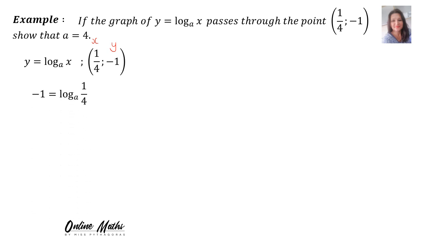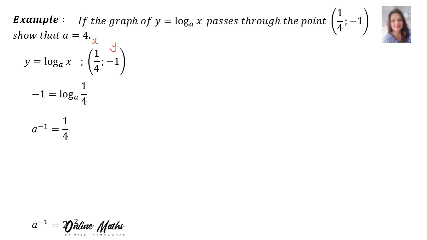In y's place we substitute -1, and in x's place we substitute a quarter. Then your very handy tool when you want to solve a logarithmic equation is that you can convert it back to exponential form. And then when you do that, you find a to the -1 is equal to a quarter.